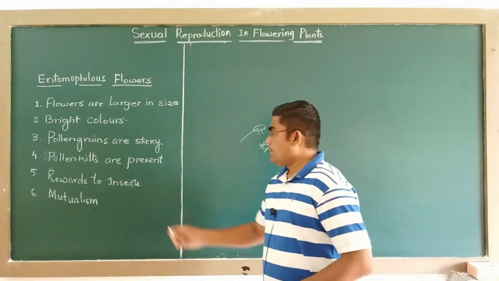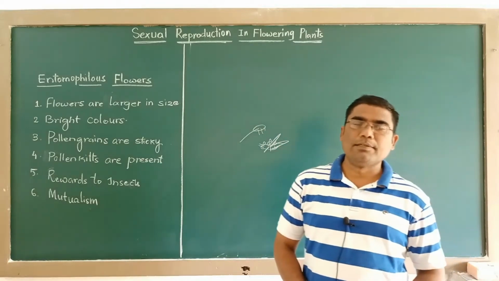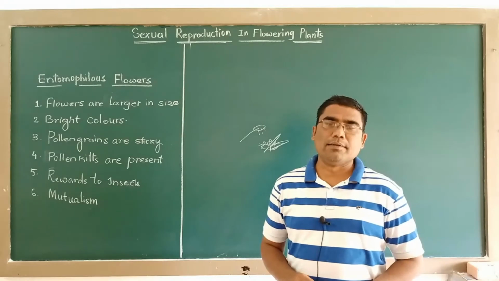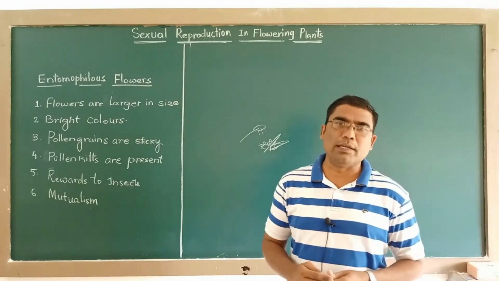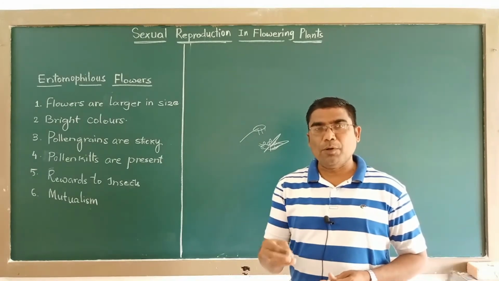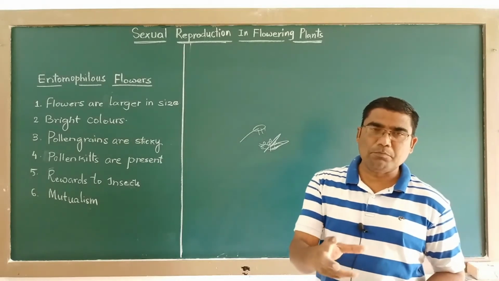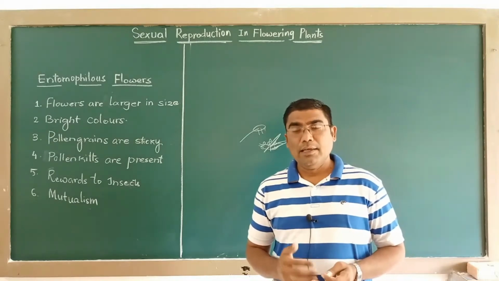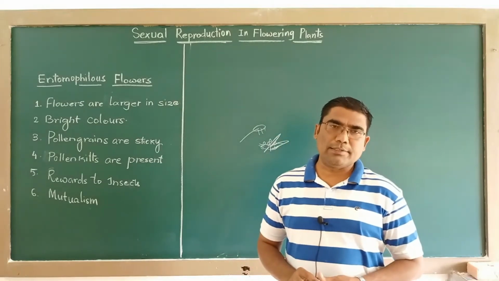So the next one is pollen kits are present. What are pollen kits? See, pollen kits are specialized coverings, or specialized coats, commonly present on pollen grains. Which type of pollen grains? The pollen grains produced by the entomophilous flowers possess pollen kits. These coverings provide the sticky nature to the pollen grains.